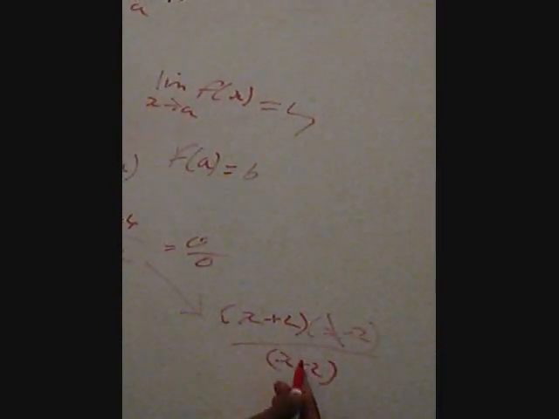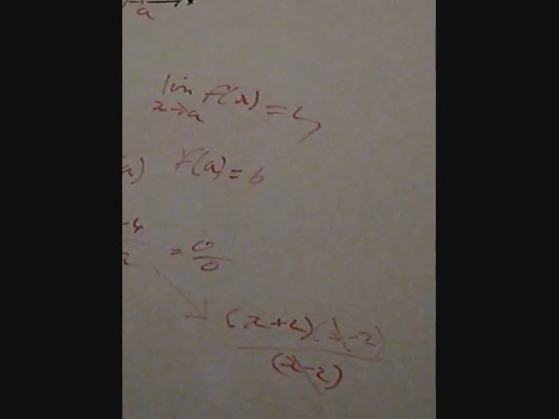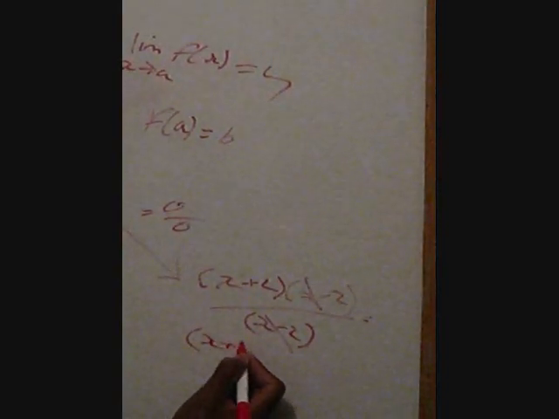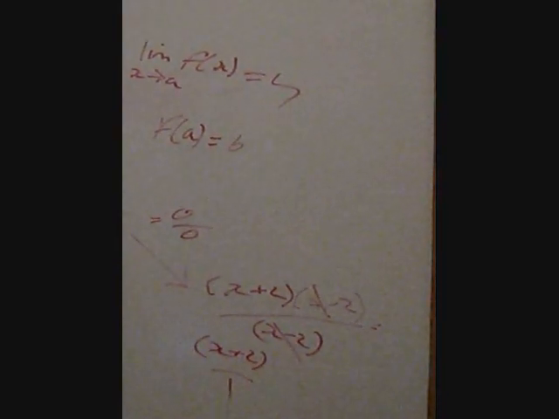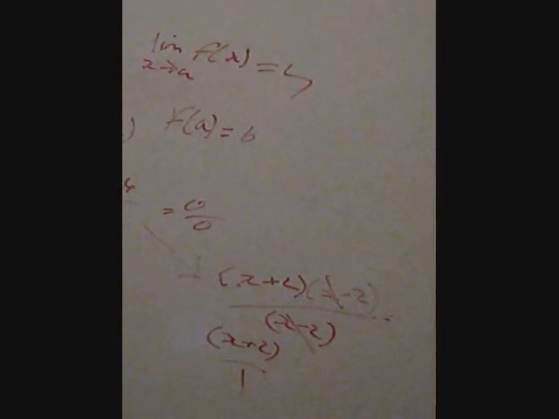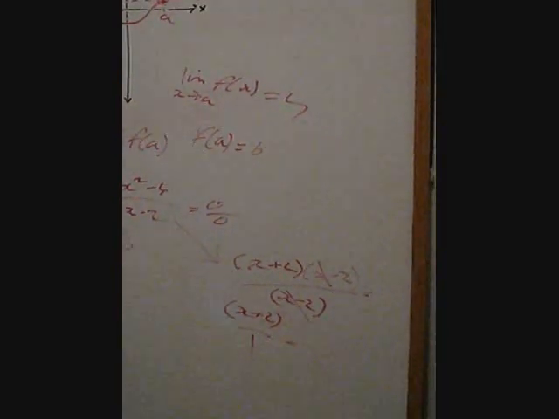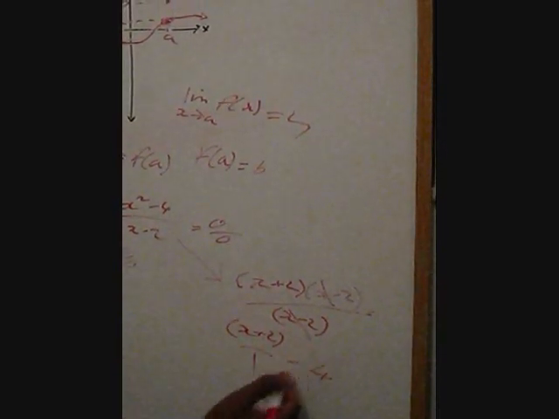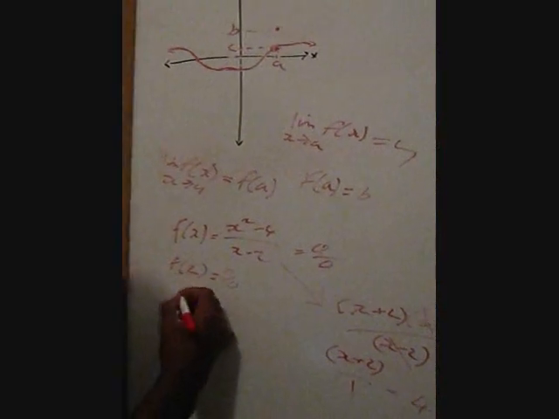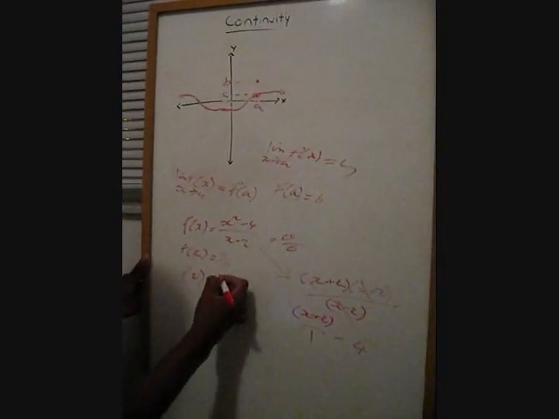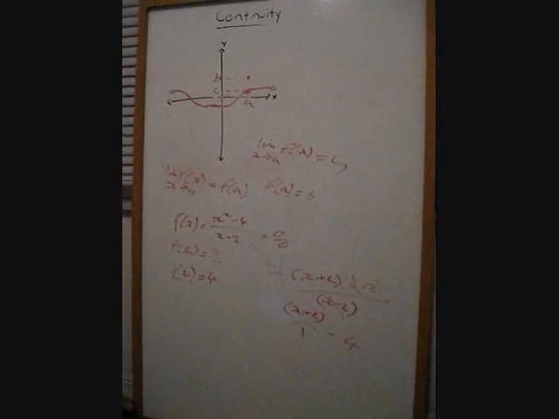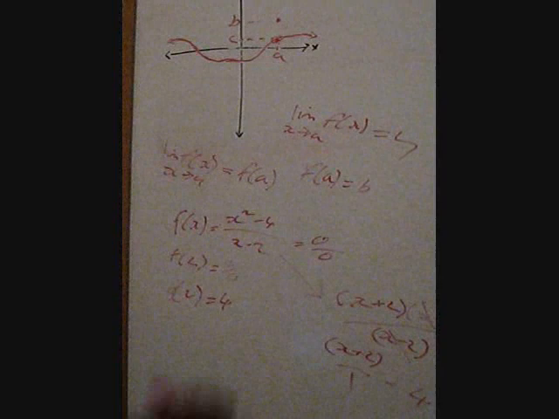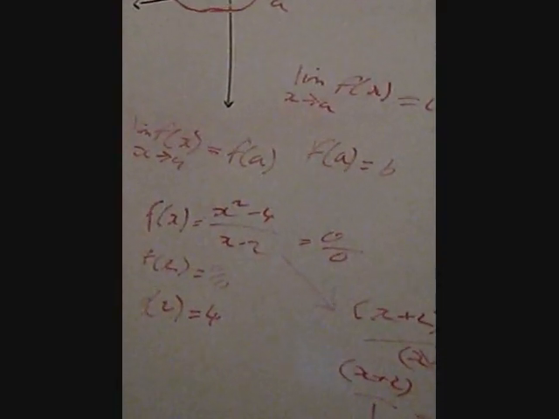And by dividing, we have left over x plus 2 over 1. Now, the simplified version, plug in 2, will have 4 as the answer. So, let's say this is a different function now, g of 2 would equal 4. That way, we'll meet the requirement again, and this function would be continuous.